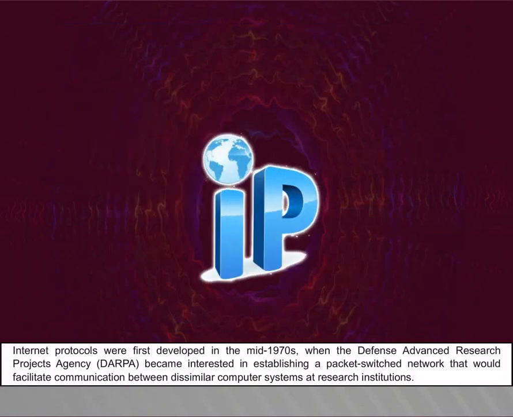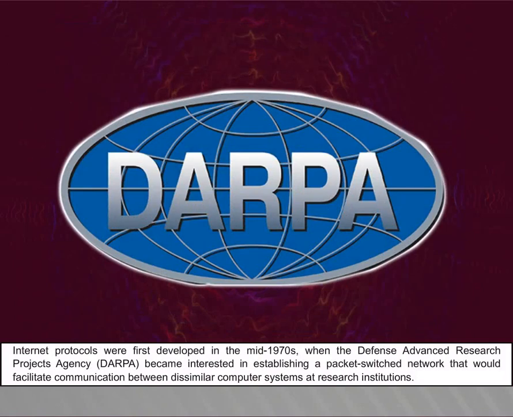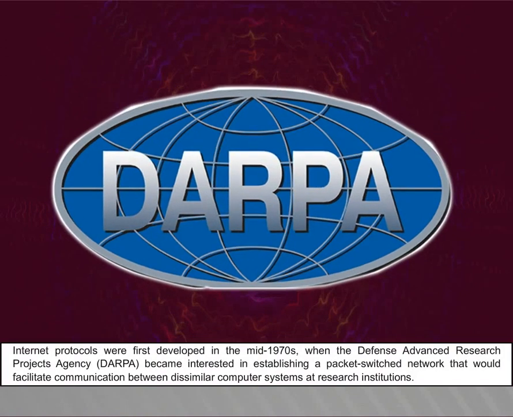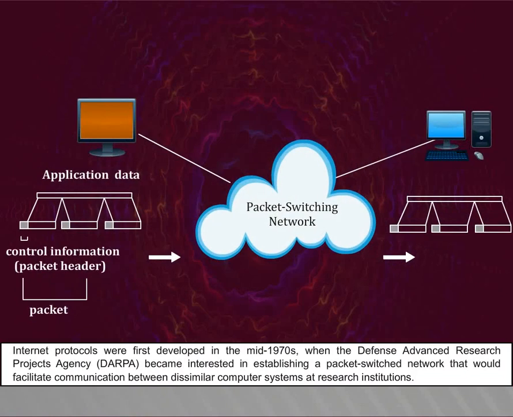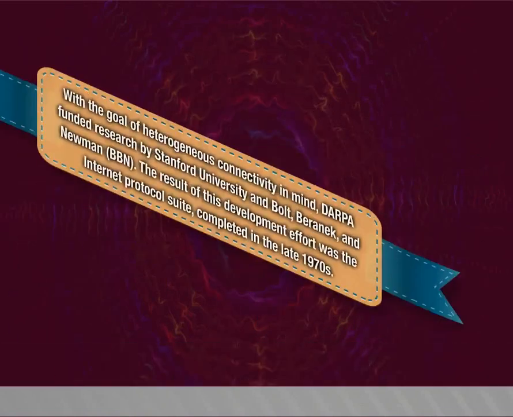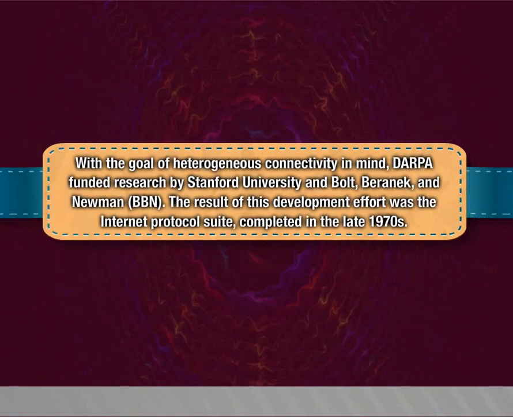Internet protocols were first developed in the mid-1970s when the Defense Advanced Research Projects Agency (DARPA) became interested in establishing a packet switch network that would facilitate communication between dissimilar computer systems at research institutions. With the goal of heterogeneous connectivity in mind, DARPA funded research by Stanford University and Bolt, Beranek, and Newman (BBN).